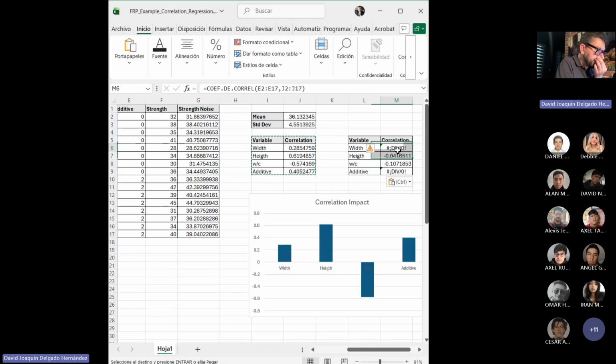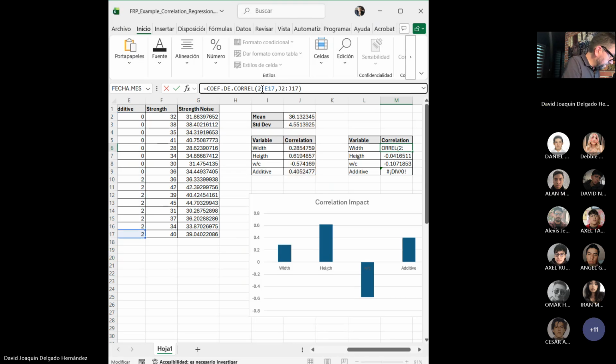Obviously, this is changing, but instead of using G, I am going to use F. So this will be B2 and F. B and F. So this is going to be B as well, and F here.